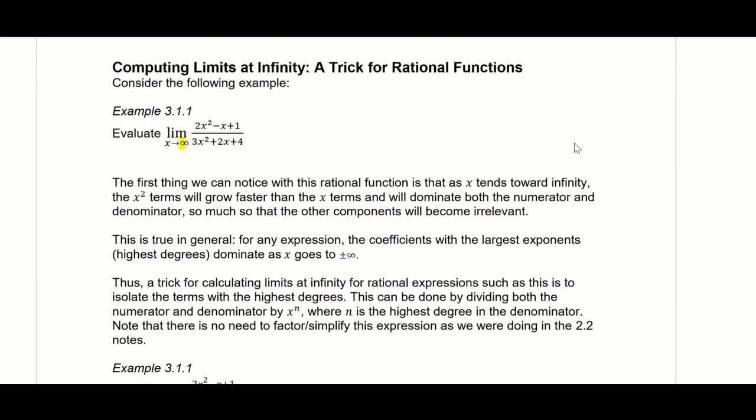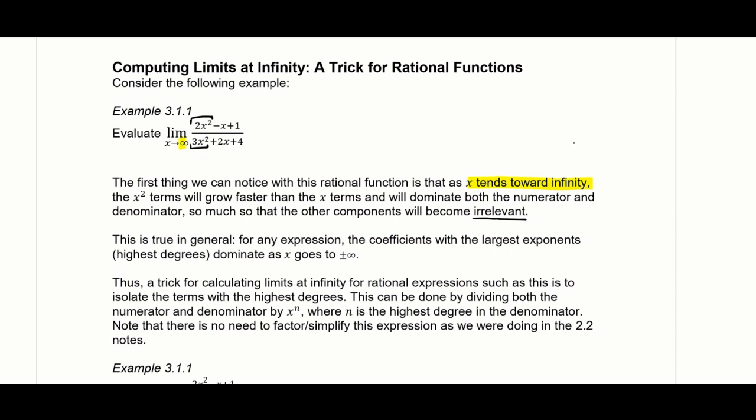Now as x tends towards infinity, the x squared terms are going to grow faster than just the plain old x terms, and of course faster than the constants, because the constants aren't going to grow at all. And the x squared terms are going to dominate both the numerator and the denominator, so much so that they're basically going to overwhelm our calculation. The other components, the x pieces, the constants, are going to basically become irrelevant to our limit calculation.